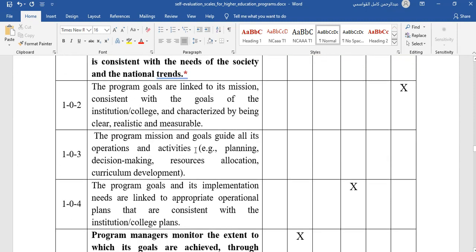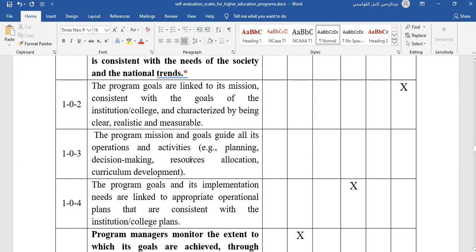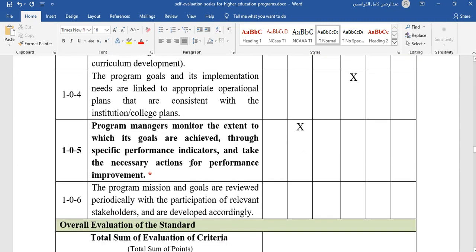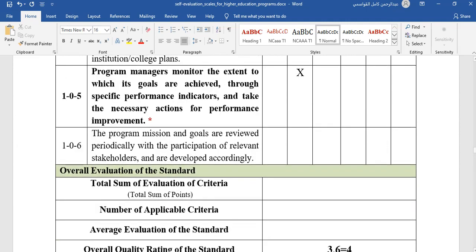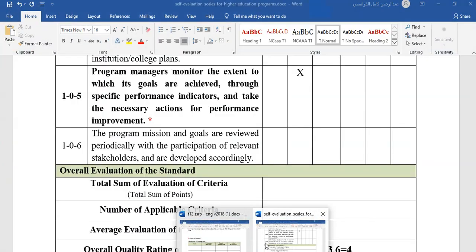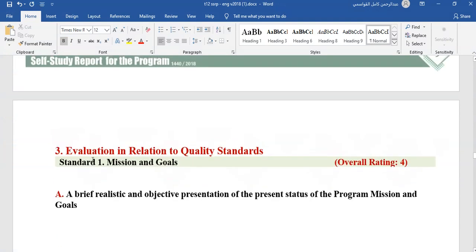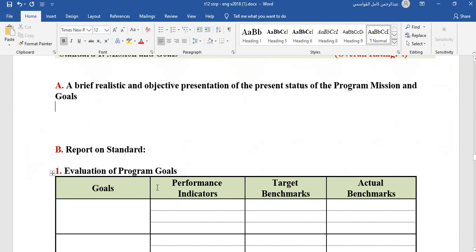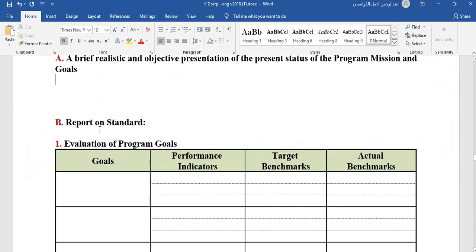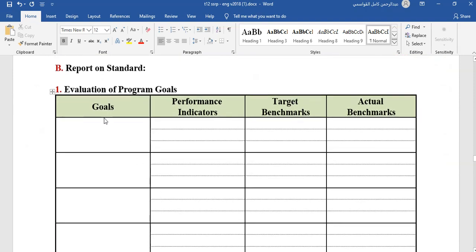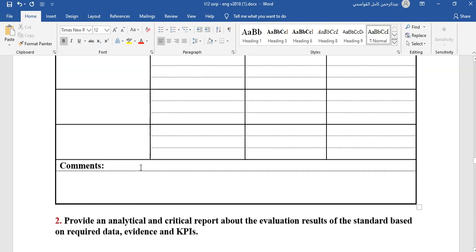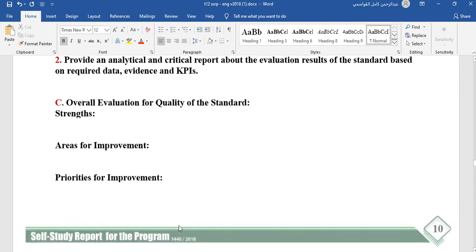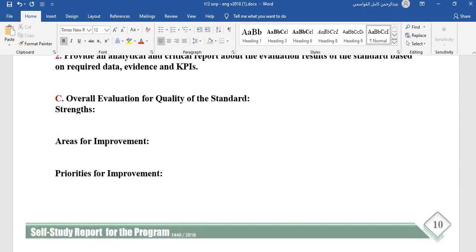This will help you organize your thoughts and go one by one to fill this standard in the self-study report for the program. After that, the report on the standard is the evaluation of program goals, performance indicators, target benchmark, and actual. We will talk about this later. But as you see, it is important to know this.